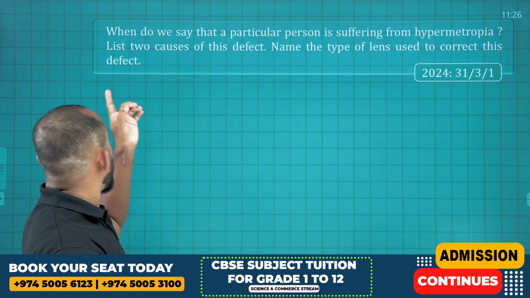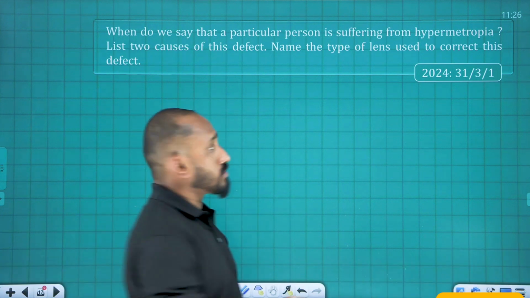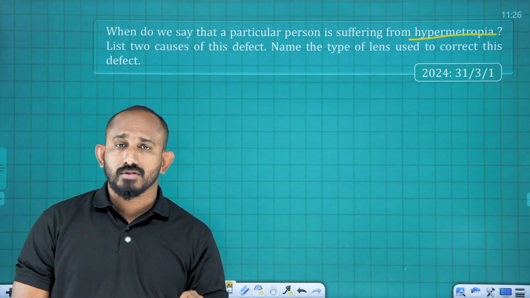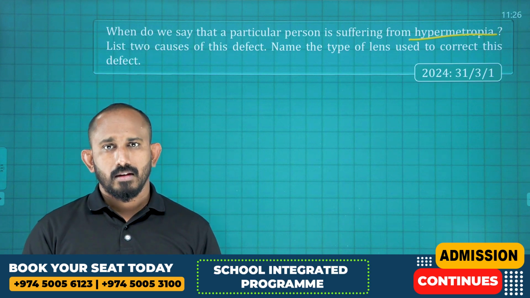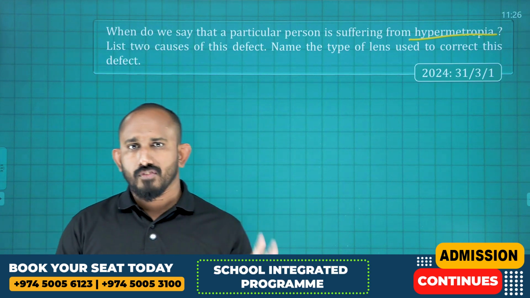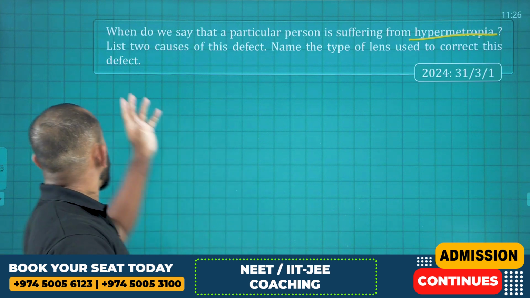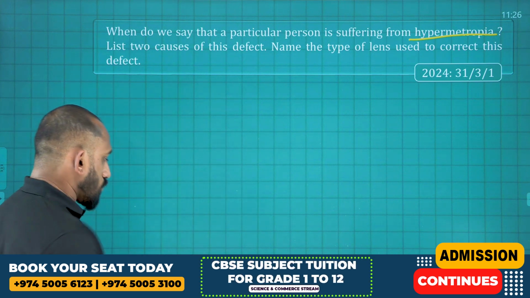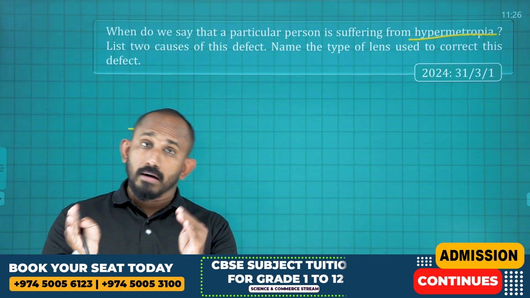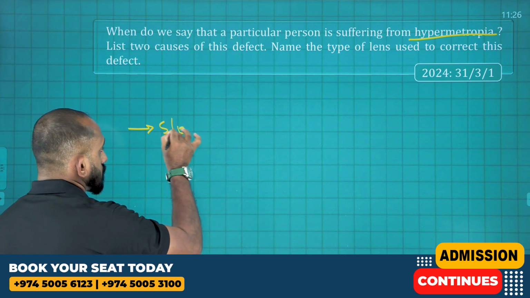So when do we say that a particular person is suffering from hypermetropia? The person cannot see the near objects clearly, but he can see far objects. Clear vision of near objects is not there with him. That is hypermetropia. List two causes. Causes, of course: birth difficulty may be there, the shortening of the eyeball.